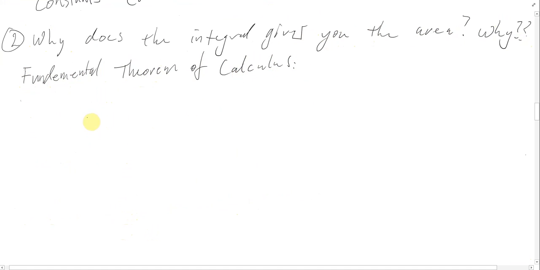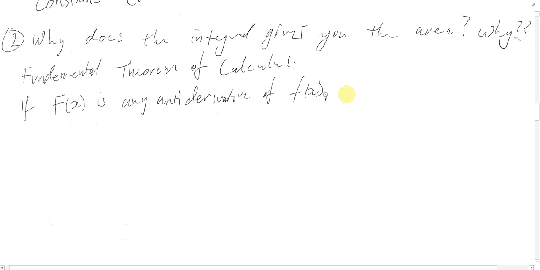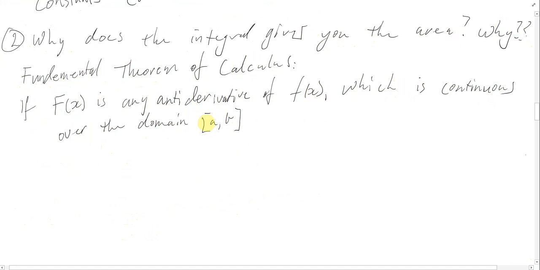And it basically says that if big F of x is any antiderivative of some function f of x, which is continuous over the domain A to B, including A and B, then, okay, this is the main part coming up.